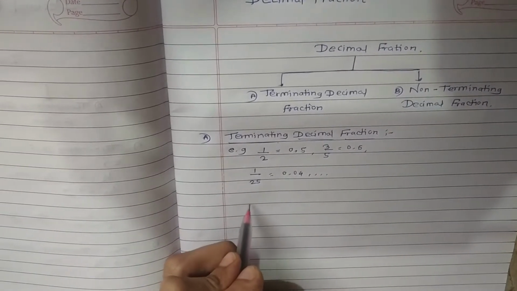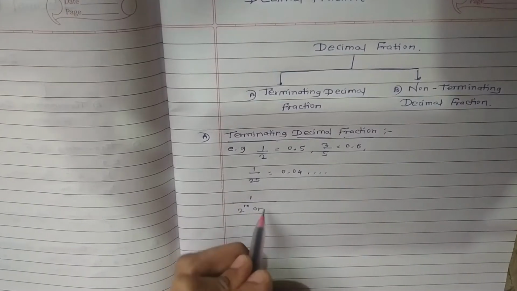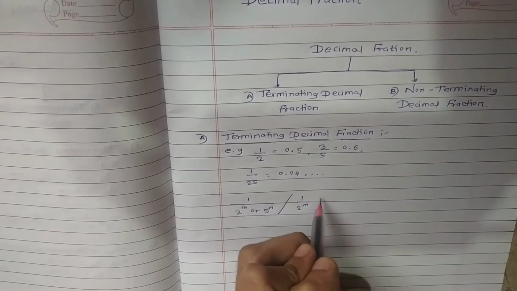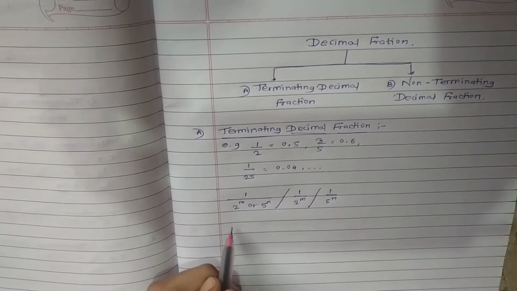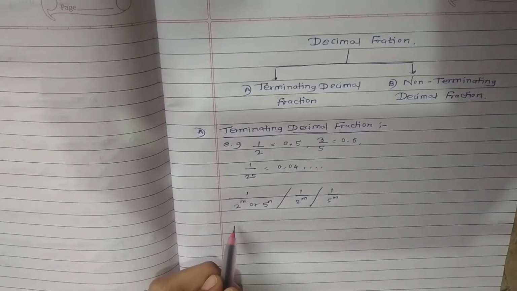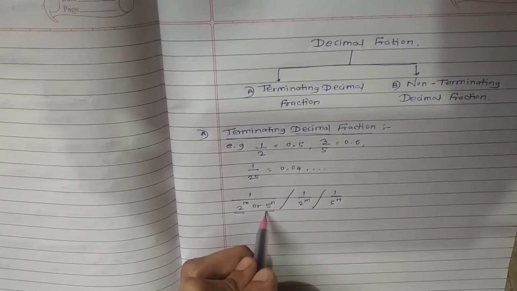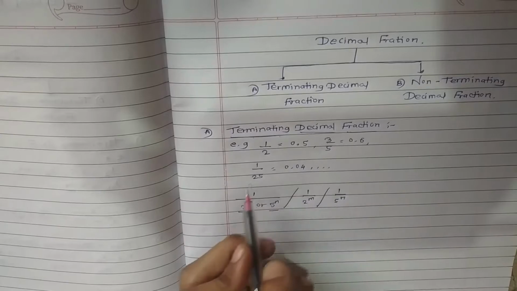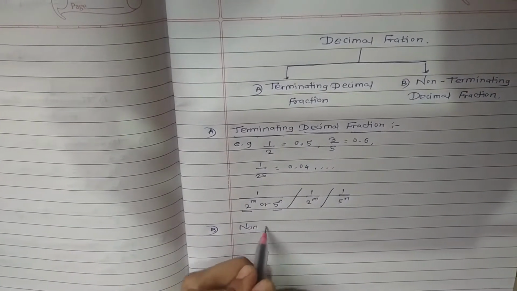If the example is given in the form 1 upon 2 raised to m or 5 raised to n, or 1 upon 2 raised to n or 1 upon 5 raised to n, that is, when the number in the denominator can be written as a power of 2 or 5, those numbers will be terminating decimal fraction.